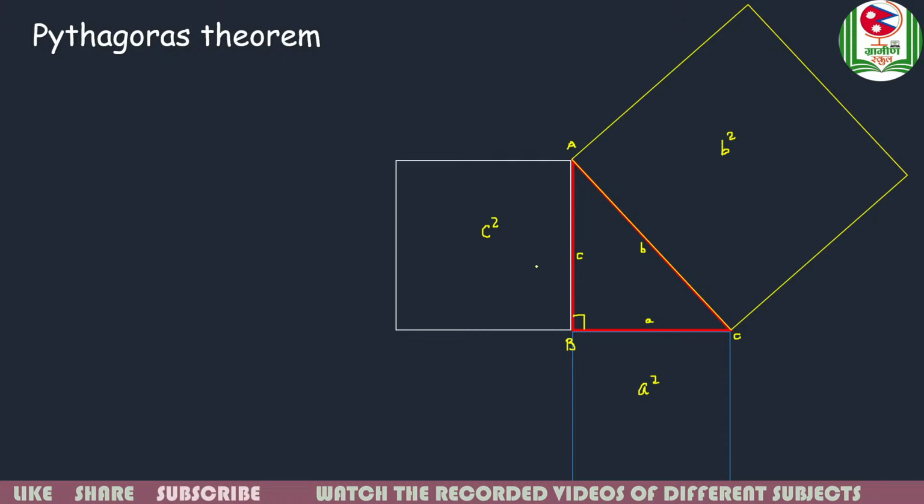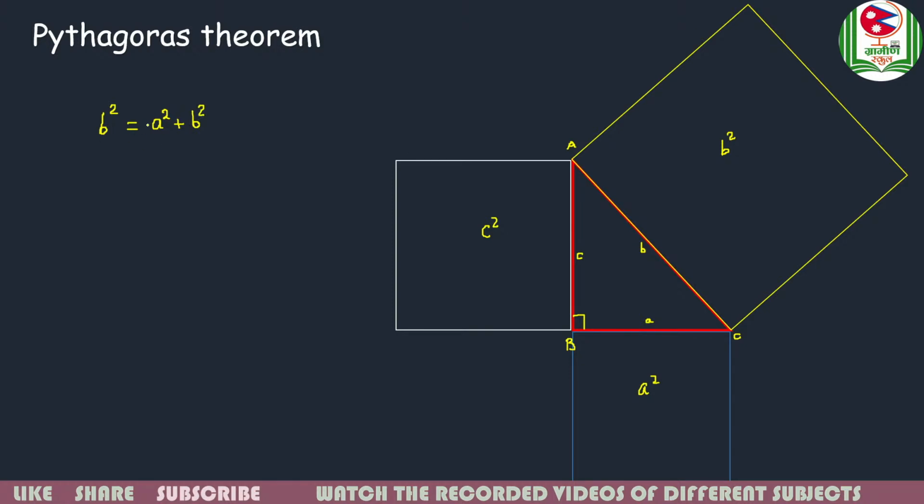So what Pythagoras has stated is that the area of the square on the hypotenuse, as you all know this is the hypotenuse and these are the two remaining sides, is equal to the sum of the areas of the squares on both remaining sides.